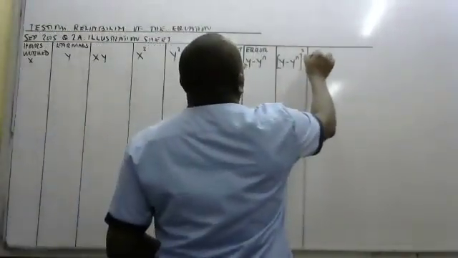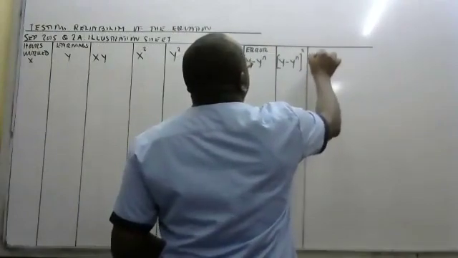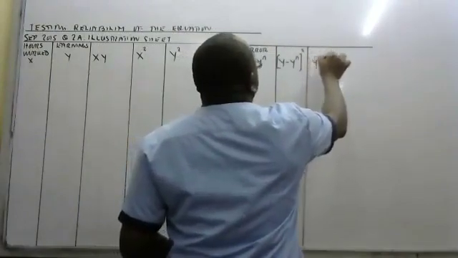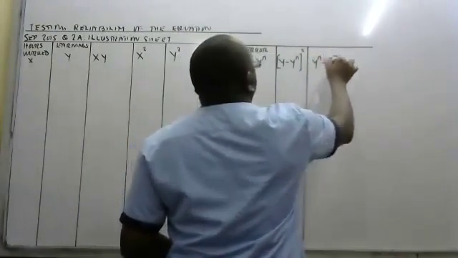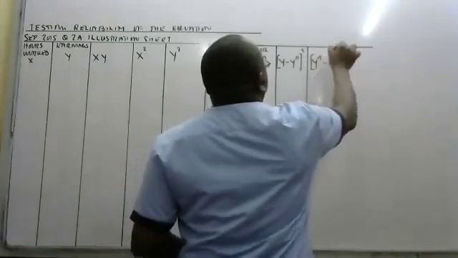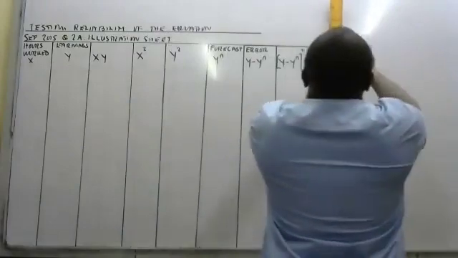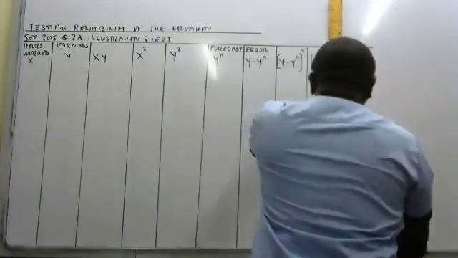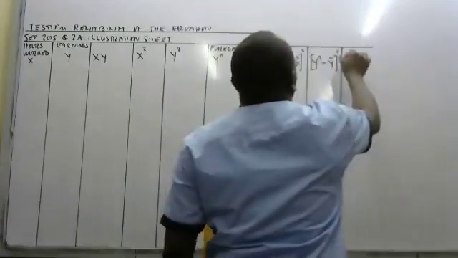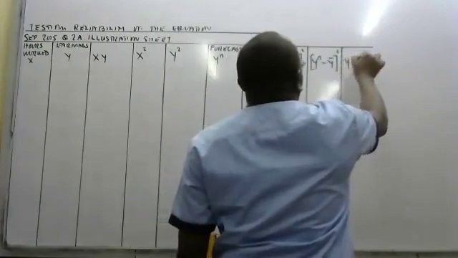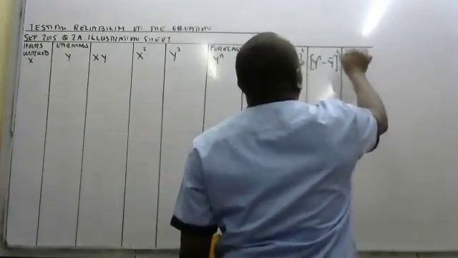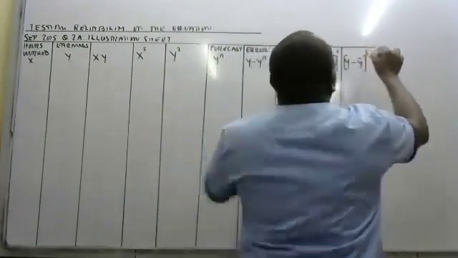Then Y predicted minus Y bar squared. Then Y minus Y bar squared.